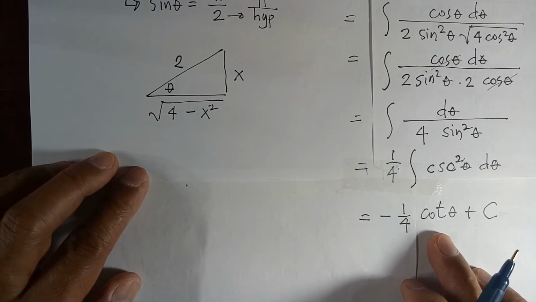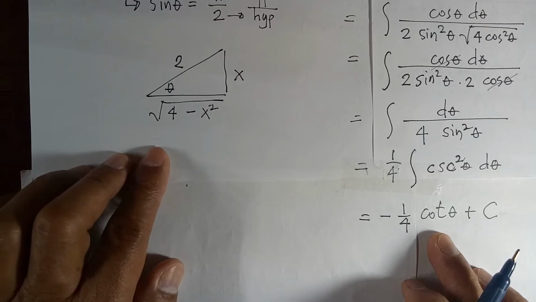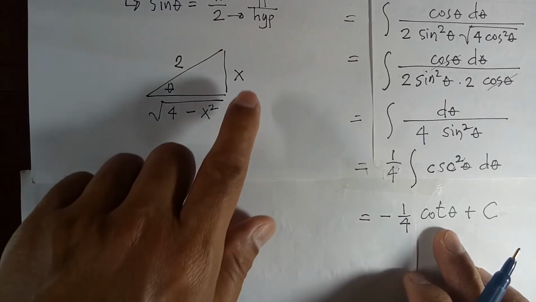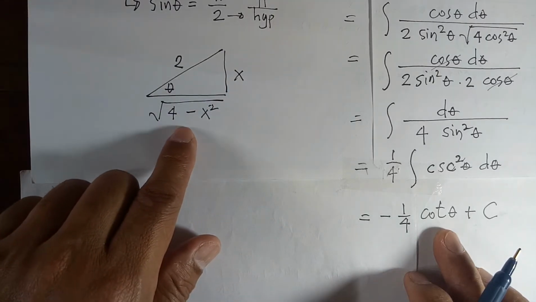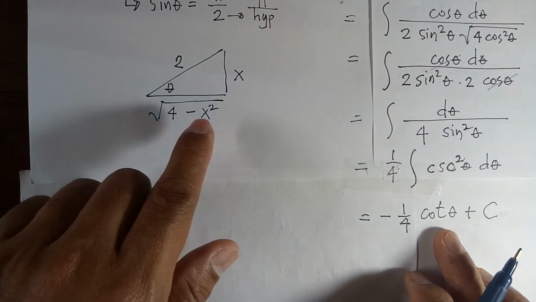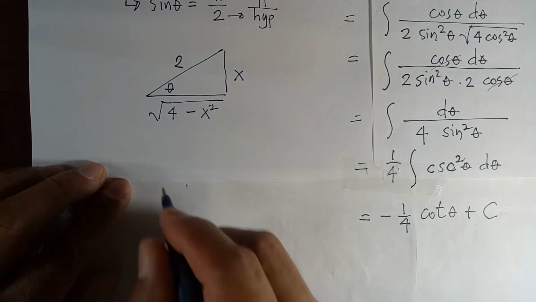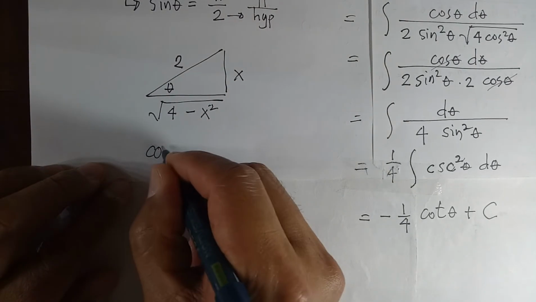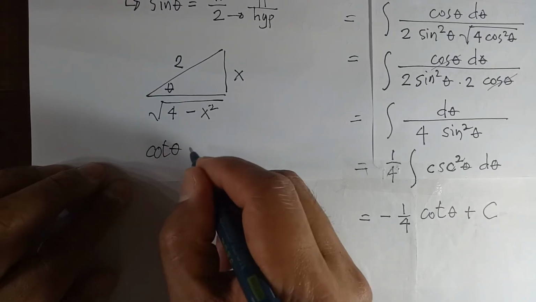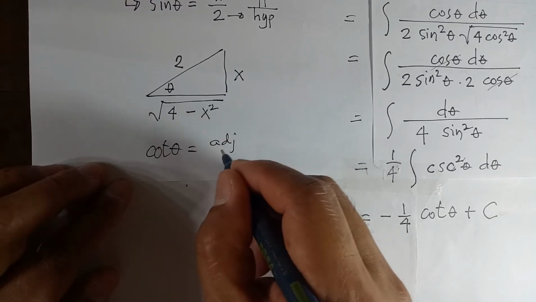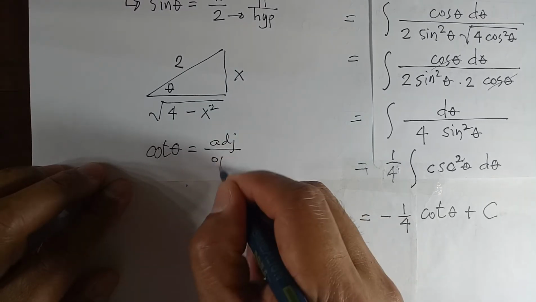So dito sa right triangle na ito, dito natin ngayon kukunin yung equivalent ng cotangent theta in terms of x. Cotangent, this is the reciprocal of tangent. Ang tangent, opposite divided by the adjacent side. Kaya ang cotangent, adjacent side, divided by the opposite. So, cotangent of theta equals adjacent side divided by the opposite side.